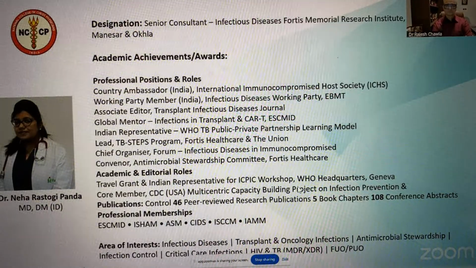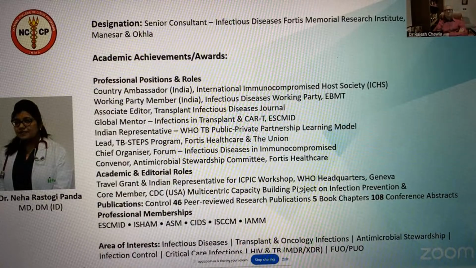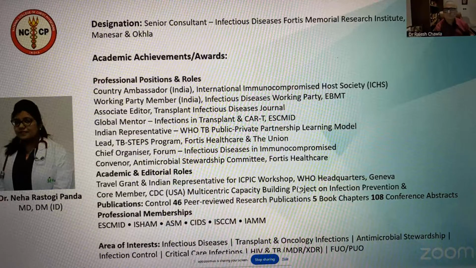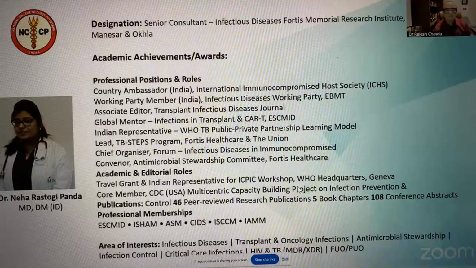I'd like to introduce Dr. Neha Rastogi-Panda. She's a senior consultant in infectious disease at Fortis Memorial Research Institute in Gurugram, Manesar and Okhla. She's a country ambassador for the International Immunocompromised Host Society, a Working Party member and India representative for the Infectious Disease Working Party, and an associate editor for the Transplant Infectious Disease journal.